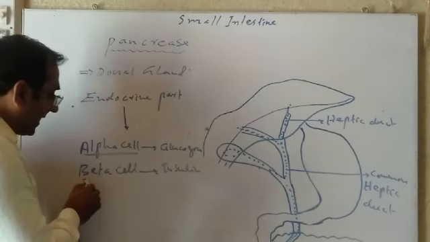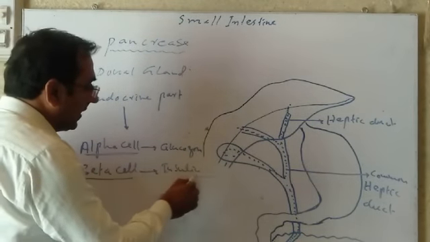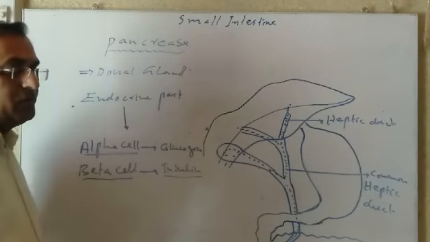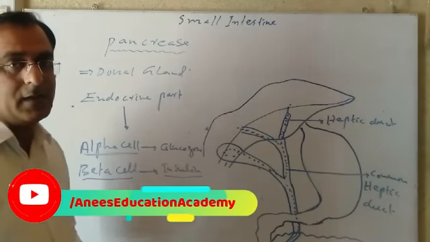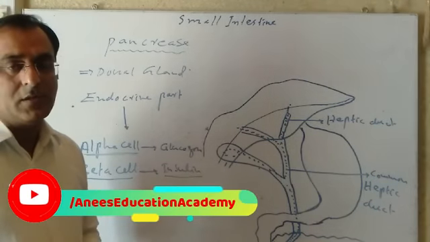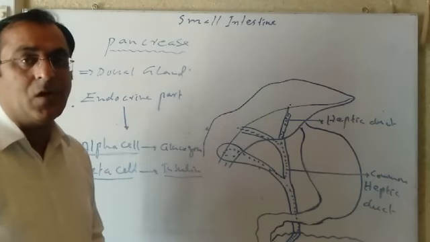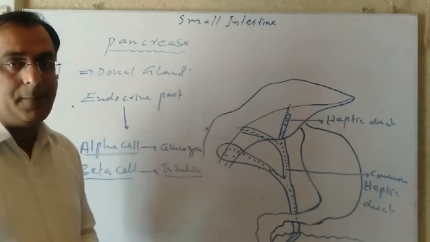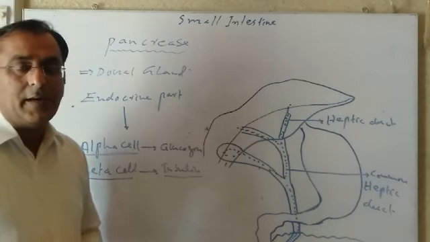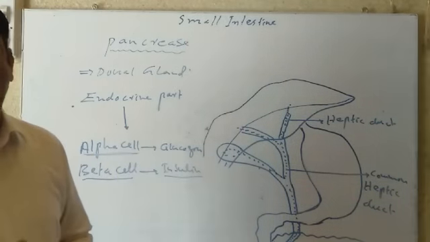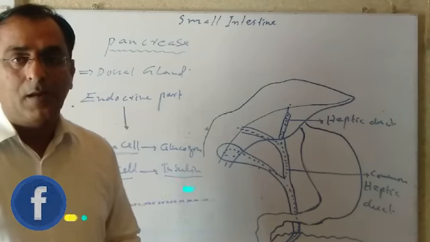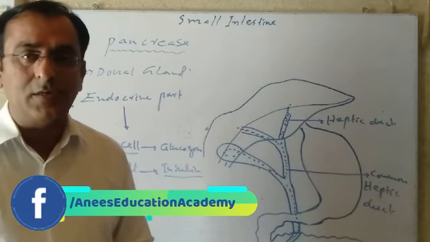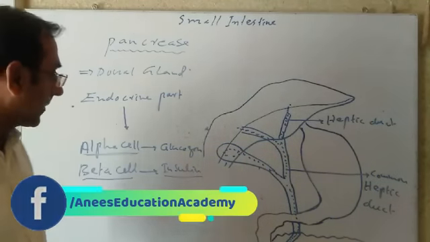And beta cells produce insulin hormone when blood has a high level of glucose. So insulin hormone lowers the glucose level in different ways. For example, it converts the excess glucose into glycogen. It converts the excess glucose into amino acids.